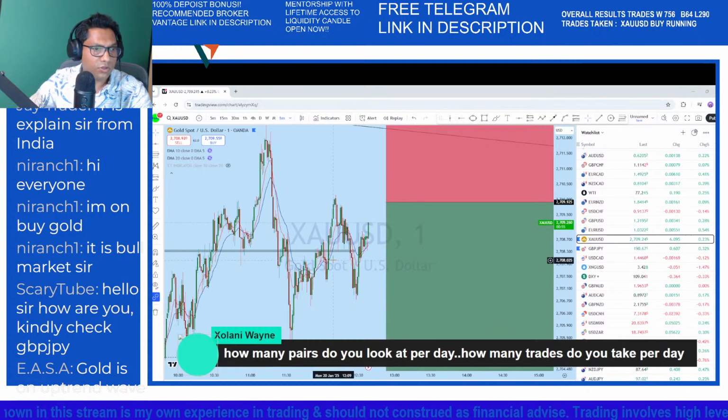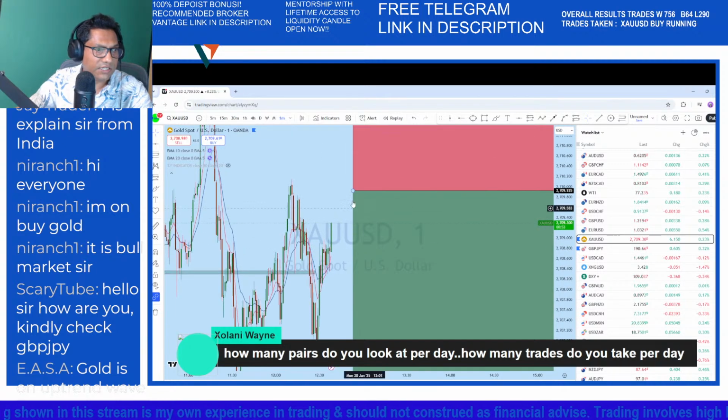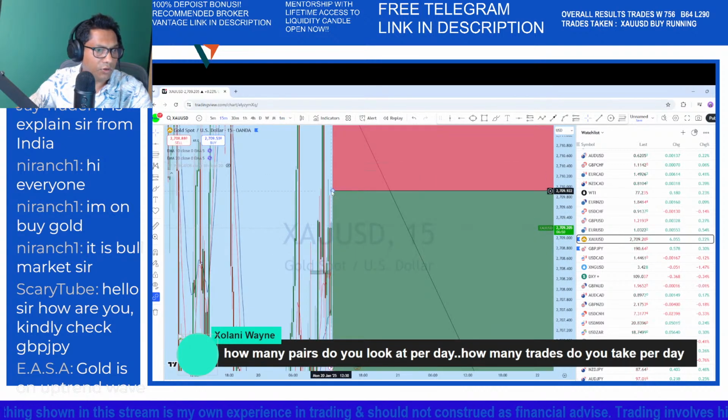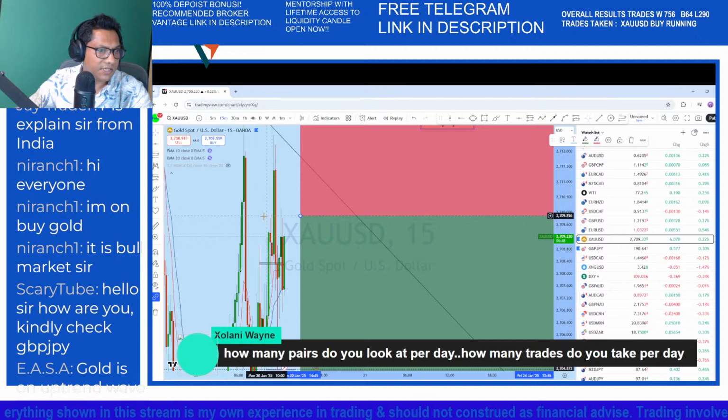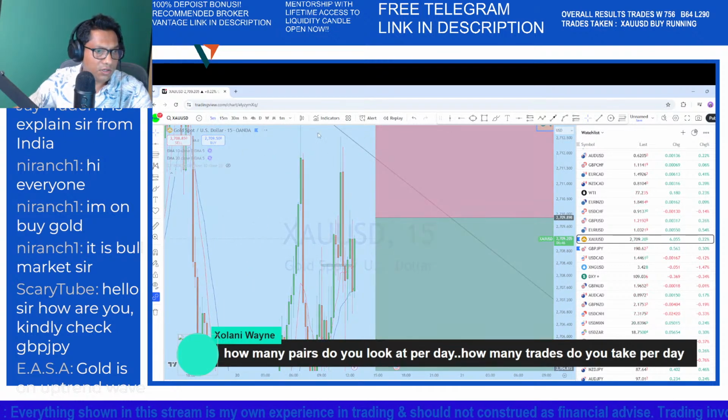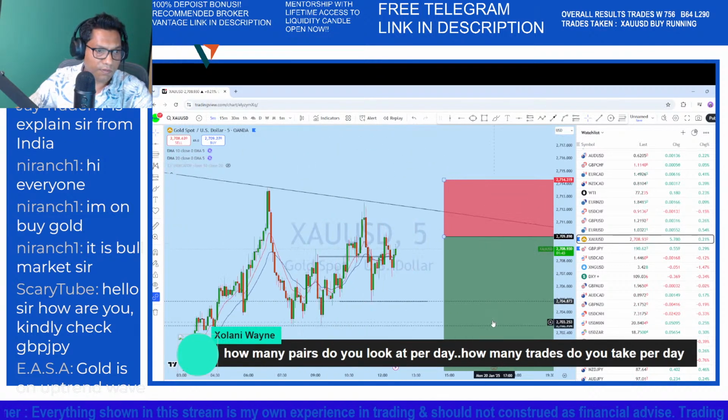Okay, so there's a gap open. Potentially we might see a little upside bias here on XAU/USD. So very choppy market at the moment.